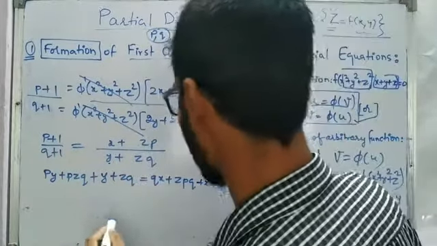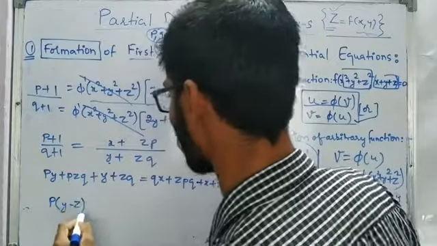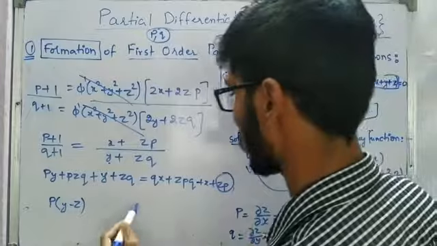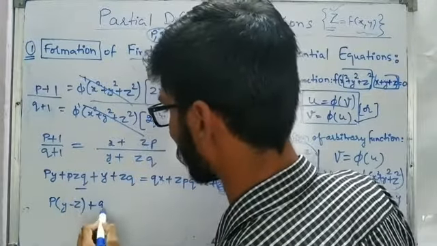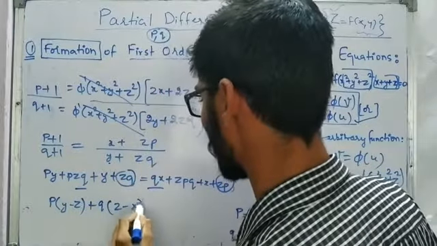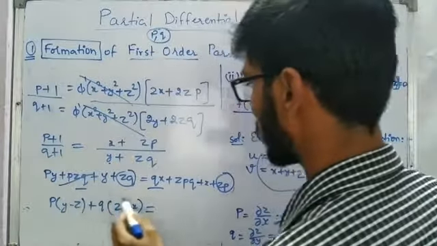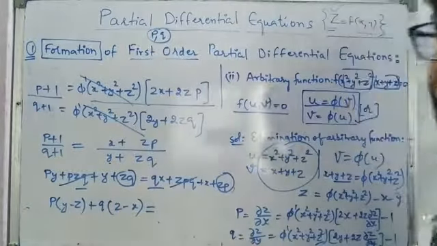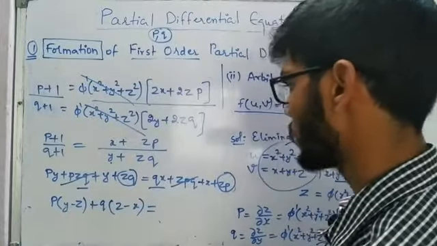So write p terms together, we have p into y minus z, and q terms together, this will be q into z minus x.